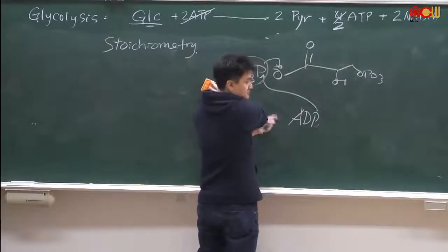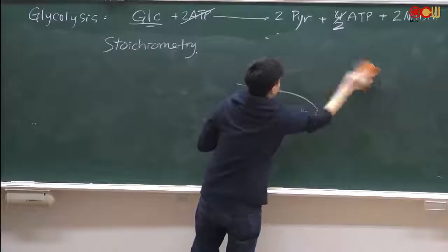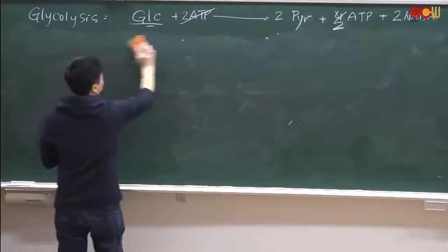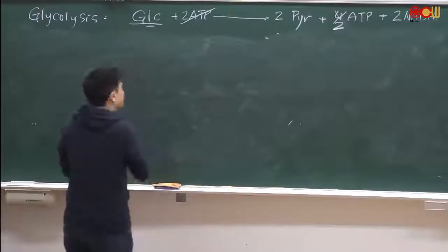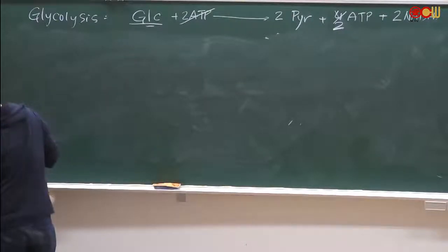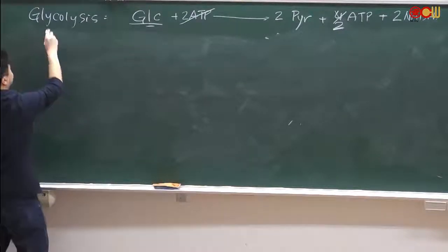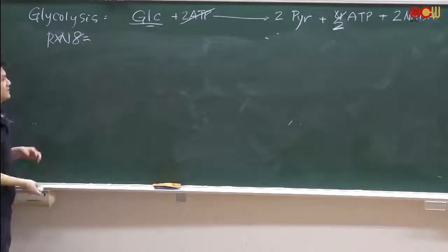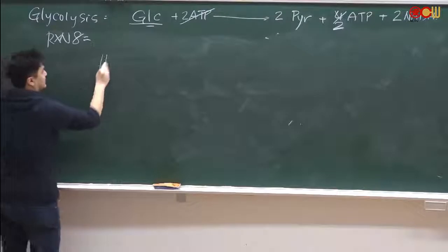We're good? All right, so the next reaction is called phosphoglycerate mutase, reaction 8. And this one is actually pretty interesting.